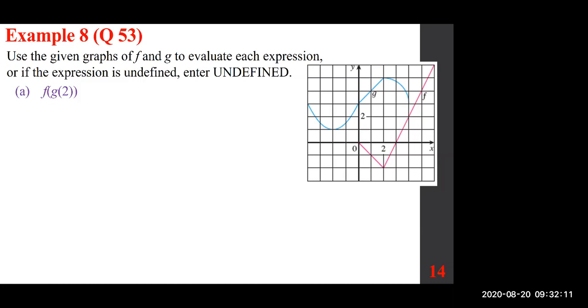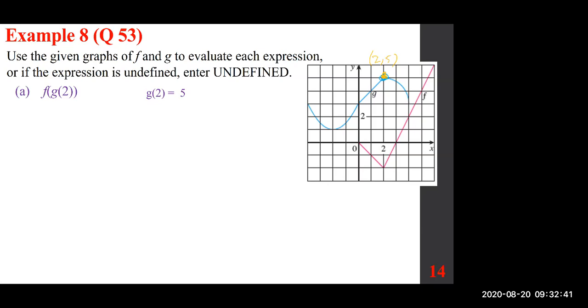So what is g of 2? So we locate this point. Let me use a different color. We locate this point. And this point has coordinates what? 2 and 5. So that means g of 2 is 5. Now, what are we looking for?